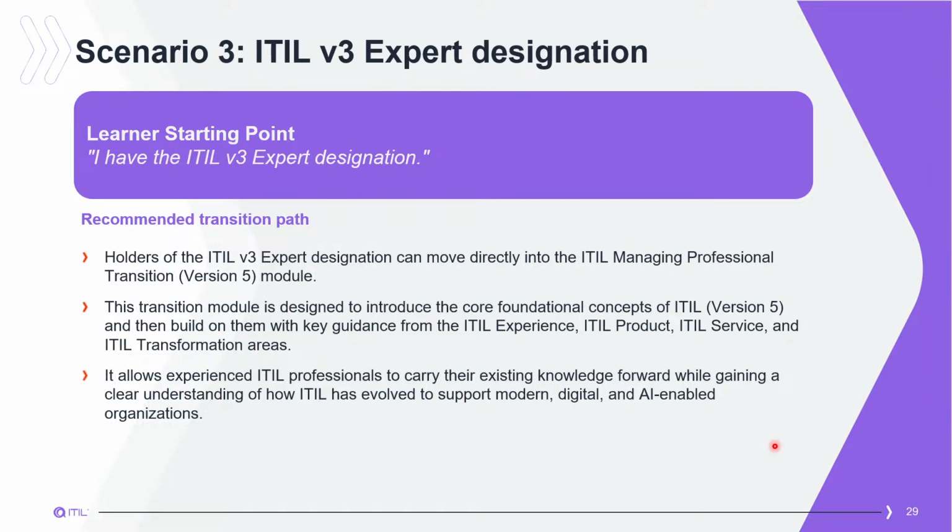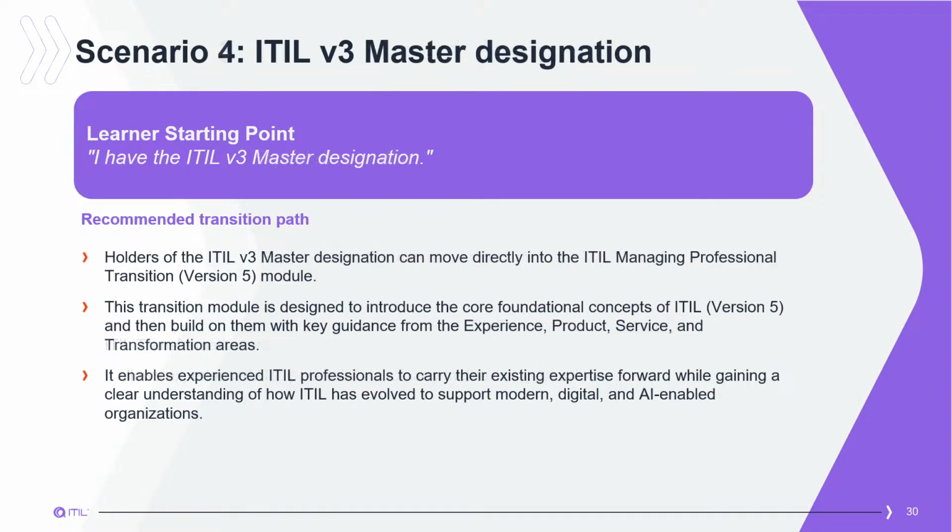The next one: I have ITIL version 3 Expert designation. This is good news for these guys because they can move directly to the ITIL Managing Professional transition. This will also be a part of the product. As I mentioned, in quarter 2 you can get the information about it, maybe in May, at least you will receive that kind of information from PeopleCert. The same situation applies to the ITIL version 3 Master designation.